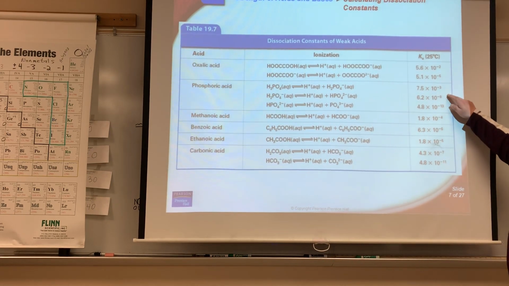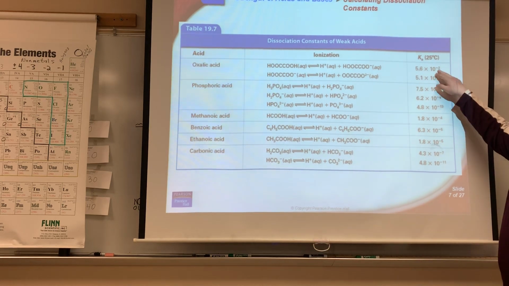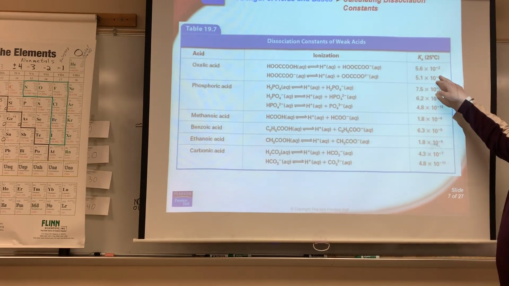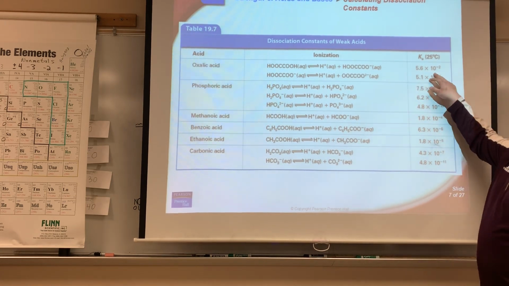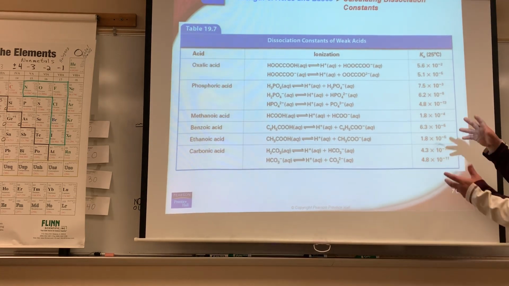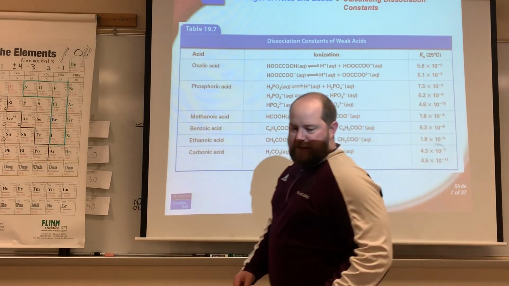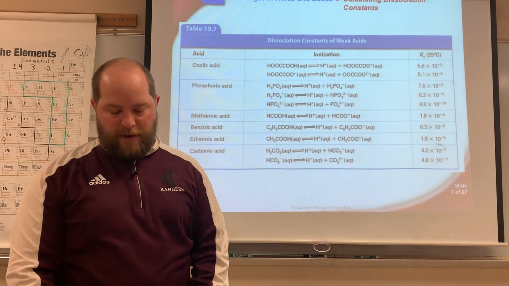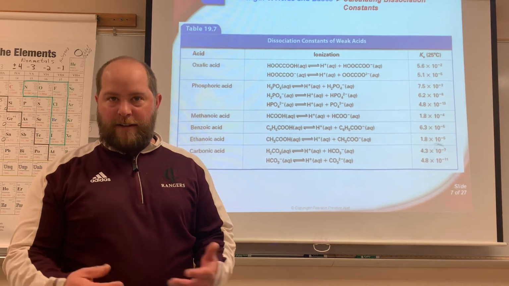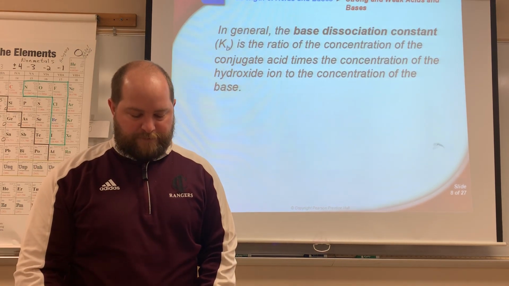And looking in here, this would be the strongest of the weak, because technically this isn't the strongest acid out there, but it's the strongest in our table. So that's the Ka. The smaller the Ka, the weaker the acid. The higher the Ka, the stronger the acid.